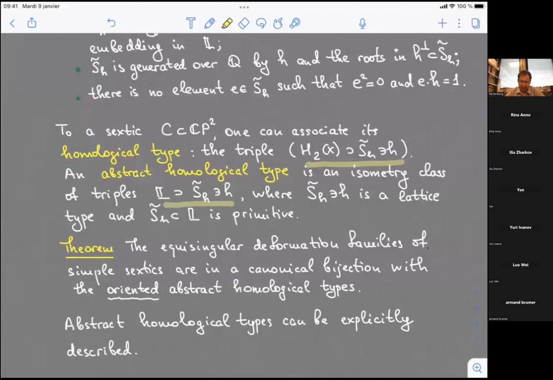This means that if I consider, okay, let's work over R, to be able to speak about subspaces.